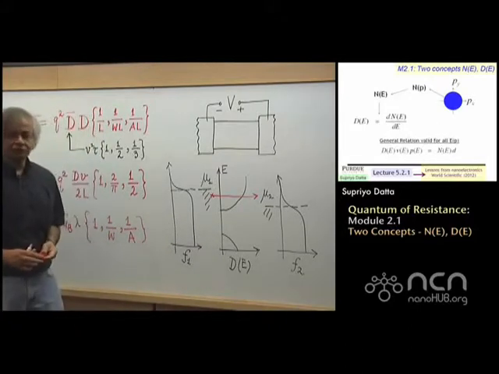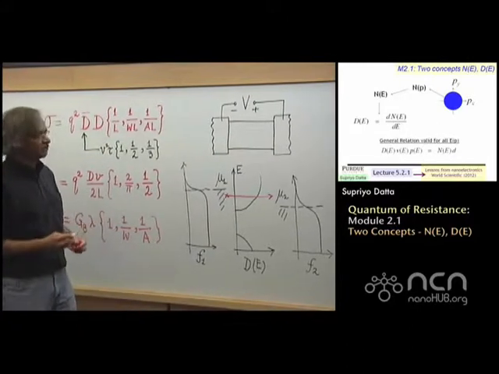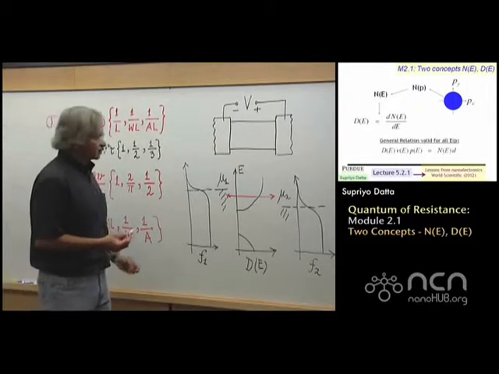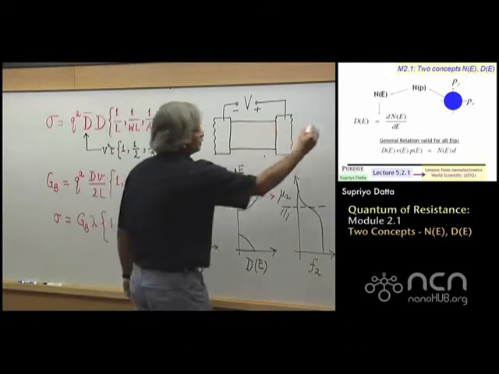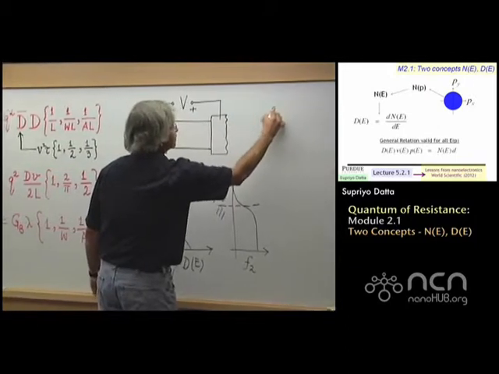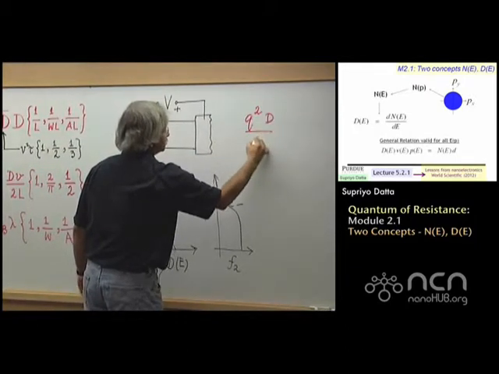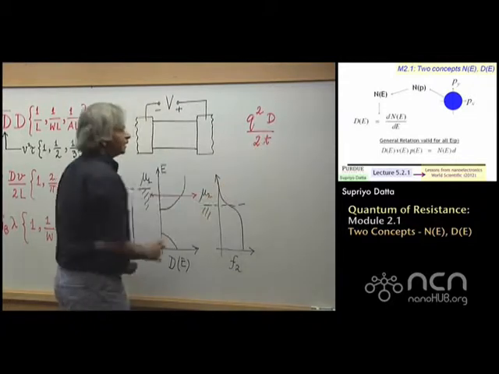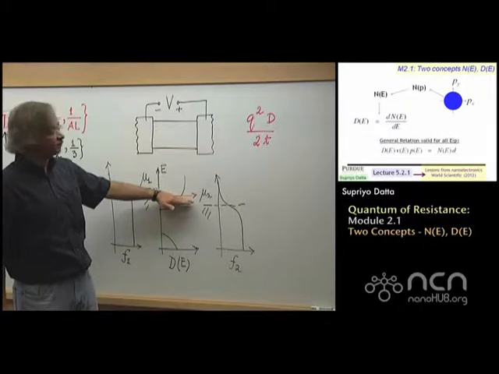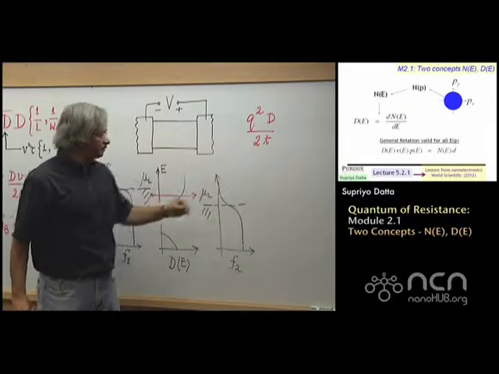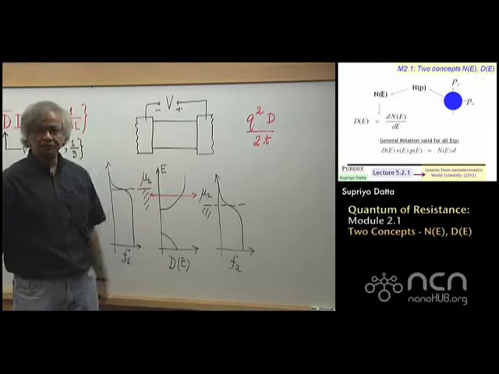And based on this viewpoint, we first obtained an expression for the conductance, which looked like Q squared D divided by 2T, where D is the density of states in this energy level of interest, and T is the time it takes for an electron to get through.